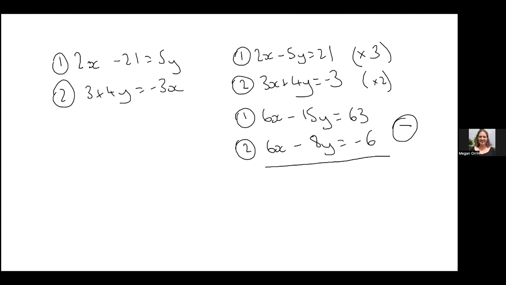So really this is negative 15 plus 8, isn't it? So this gives me 0. This bit gives me negative 7y. And then equals what? 69. Because it's 63 minus negative 6, which is a plus.